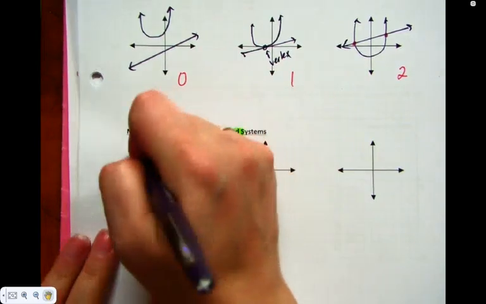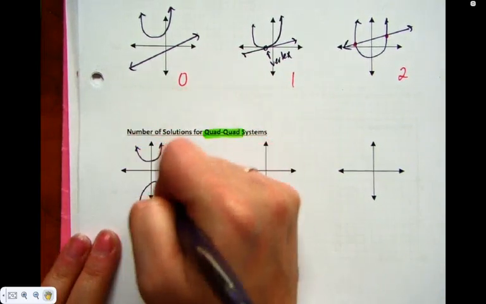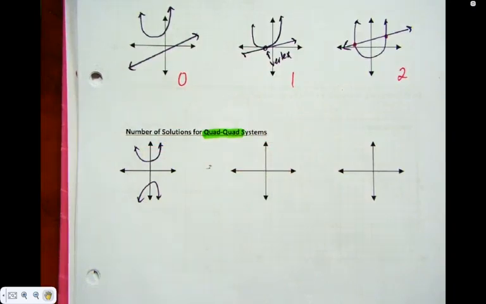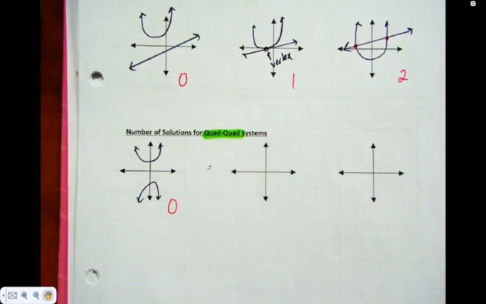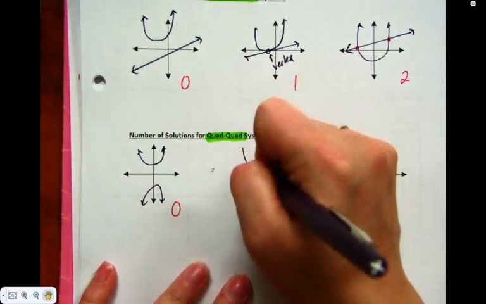One's going up and the other one's going down. What might case number 2 be? One solution. What would they look like? The vertices are touching, so I could say they're kissing each other.